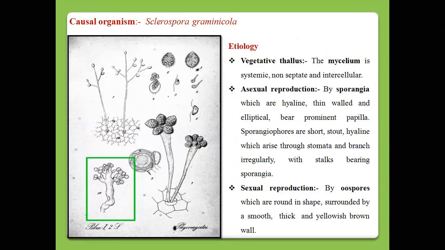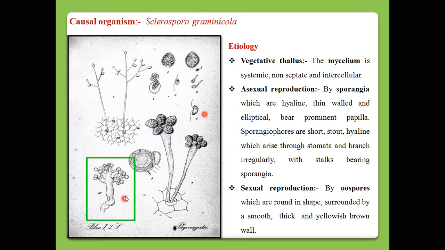Then we go to the next point, that is the causal organism, Sclerospora graminicola. This fungus is responsible for producing downy mildew disease in pearl millet or bajra. Then etiology. Etiology means the morphological and taxonomical characteristics of a particular pathogen.